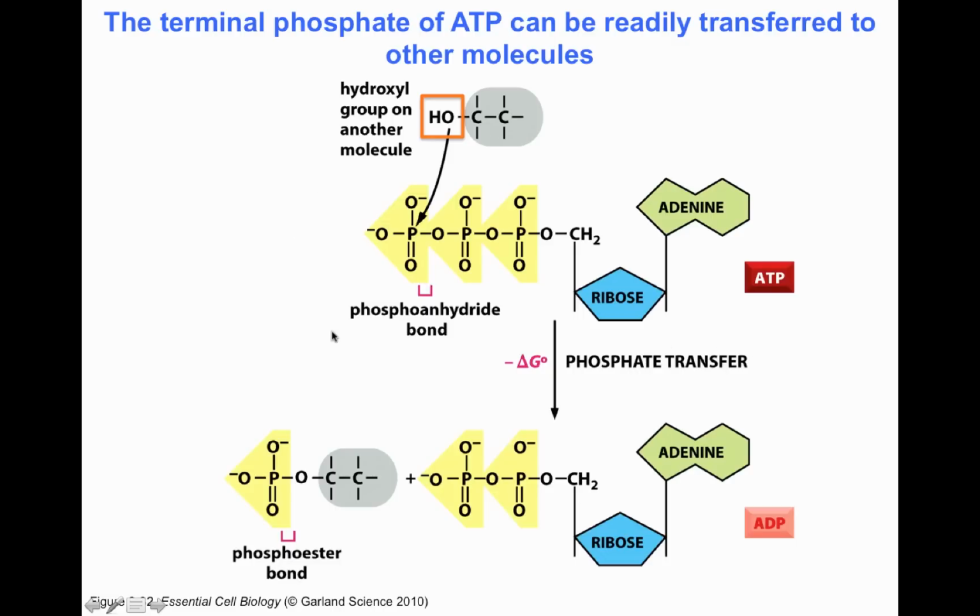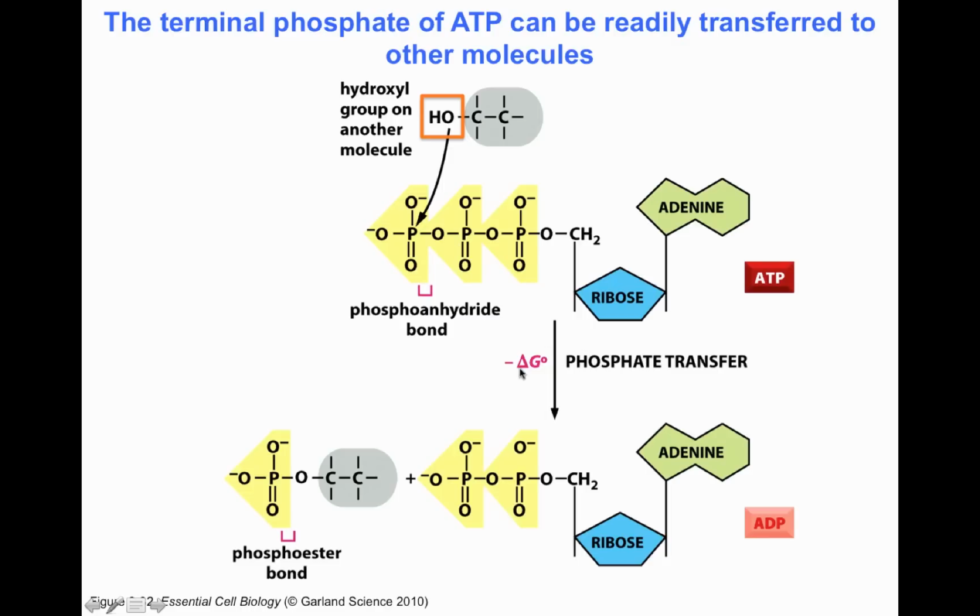So now, to illustrate the principle again, we have here a substrate that contains a hydroxyl group, and the enzyme will then be able to break the phosphoanhydride bond between phosphate 3 and phosphate 2 of ATP.